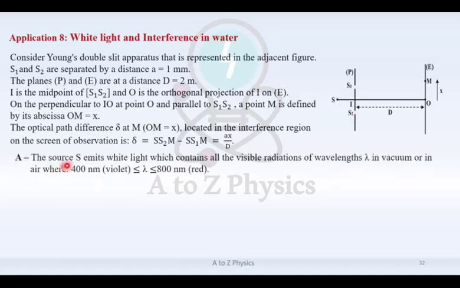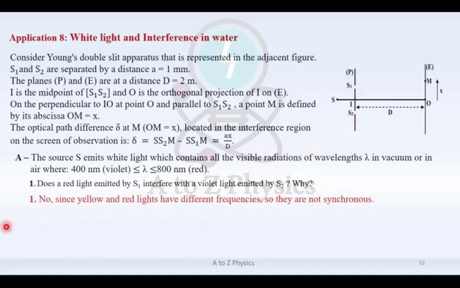The source S emits white light which contains all the visible radiations of wavelengths lambda in vacuum or in air. Part 1. Does a red light emitted by S1 interfere with a violet light emitted by S2? The answer is no, since red and violet lights have different frequencies, so they are not synchronous.